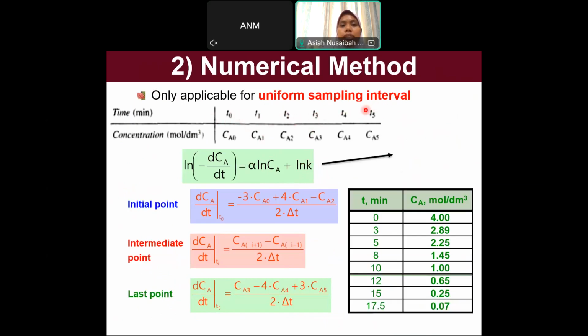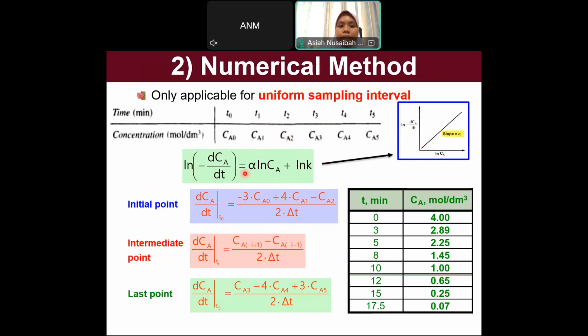So we have time, we have concentration, the increment should be uniform. So in the end, we need to plot the graph of ln minus dCA over dt versus ln CA to find alpha as the slope and also ln K as the intercept.